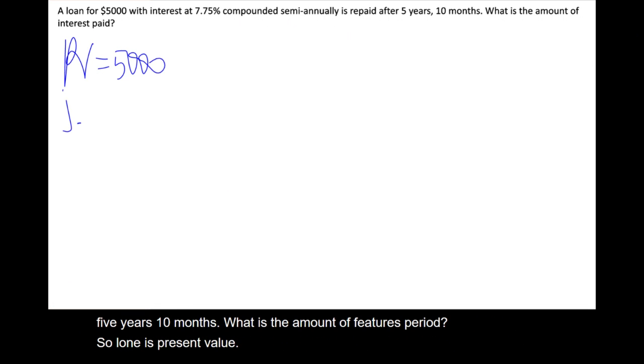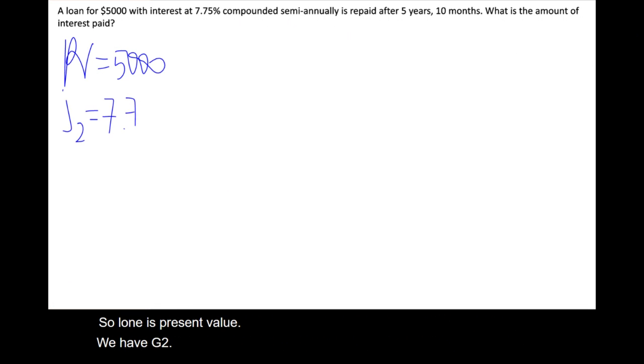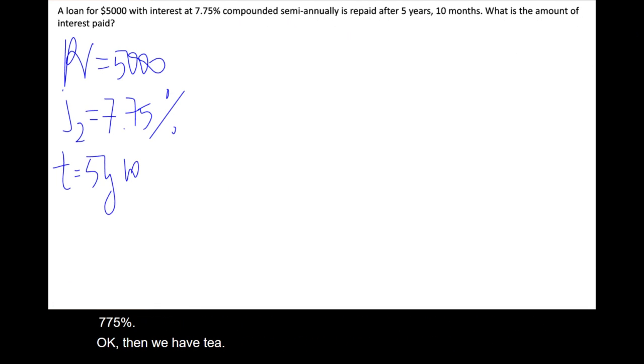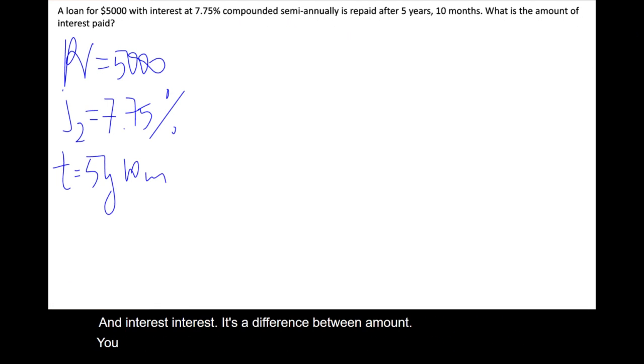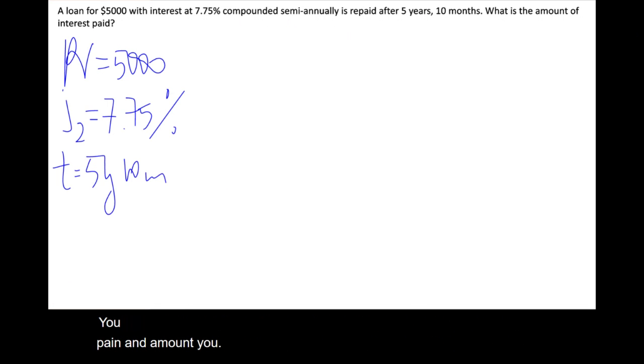We have j2 equal to 7.75%, and we have t of 5 years, 10 months. Interest is the difference between the amount you pay and the amount you borrow. Here we're talking about a loan, right?